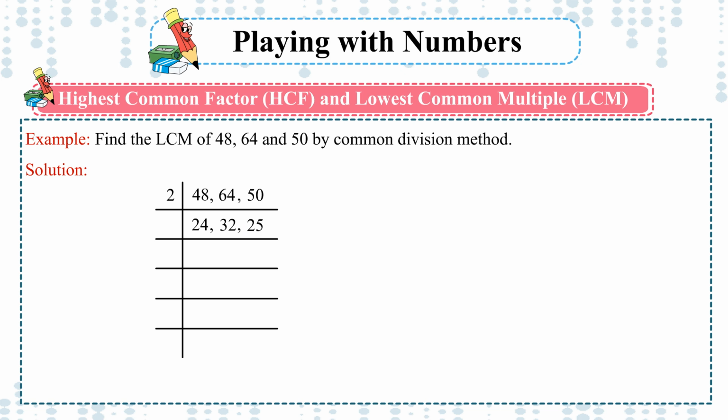The smallest prime number that divides 24, 32, 25 is 2, and 2 multiplied by 12 is 24, then 2 multiplied by 16 is 32, and 25 is not a multiple of 2, so we take it in the next row. Next is 12, 16, 25.